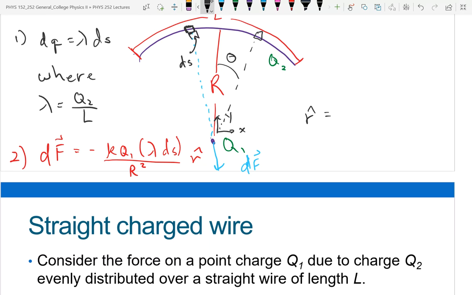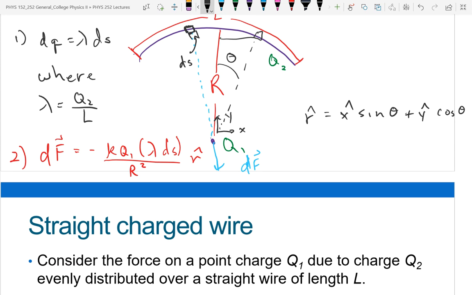And so r hat is equal to x hat. Looking at that triangle, the opposite side is the x component. And so that would be x hat sine theta, plus y hat cosine theta.